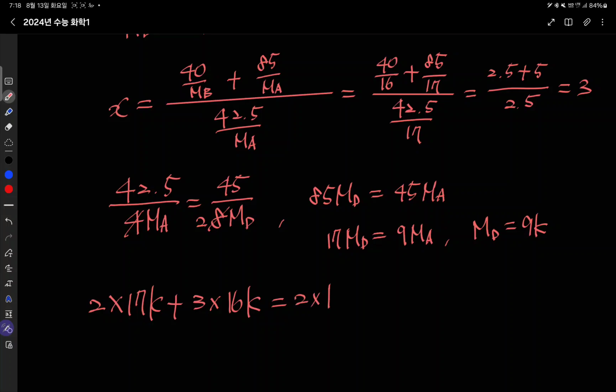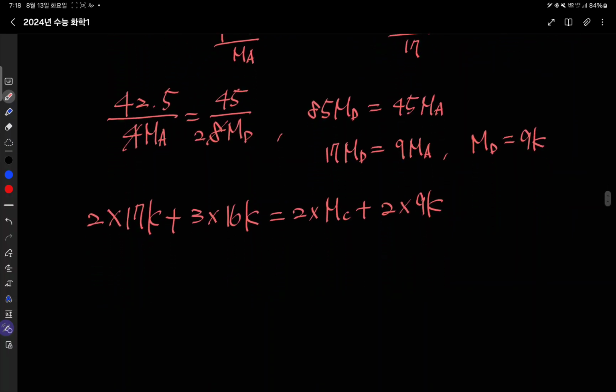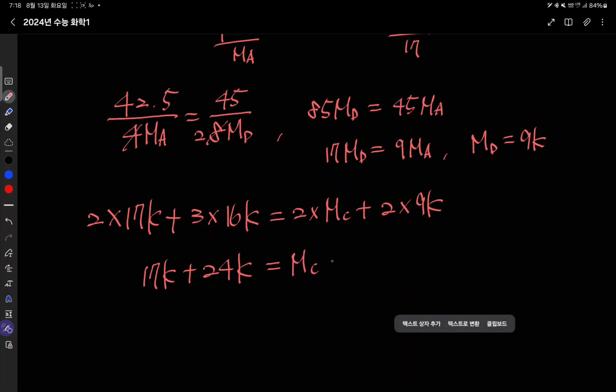So 2 times the molecular weight of C and 2 times the molecular weight of D, which is 9K. So if we cancel 2 in each term, 17K plus 24K is equal to MC plus 9K. So the molecular weight of C is 32 times K.